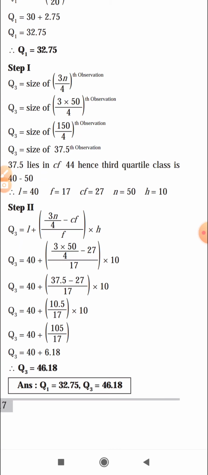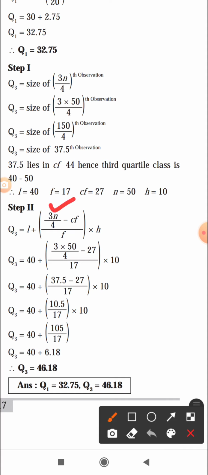Okay, so Q3 is equal to L plus, that is lower limit of the quartile class, that is 40, plus 3n. Why 3n? Because here we calculate the third quartile. That's why we write 3n upon 4 minus CF. What is meant by CF?